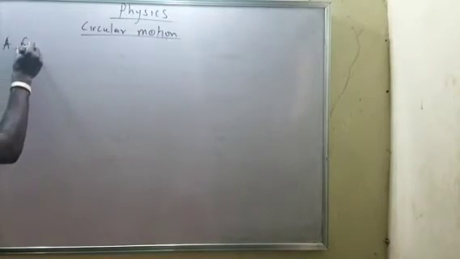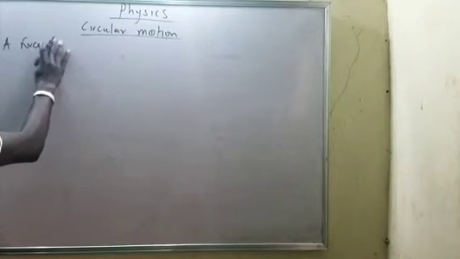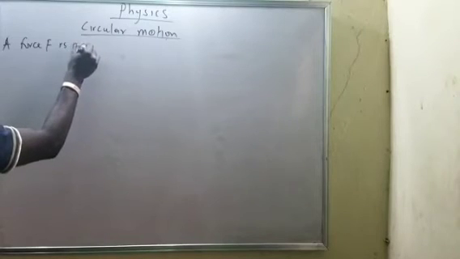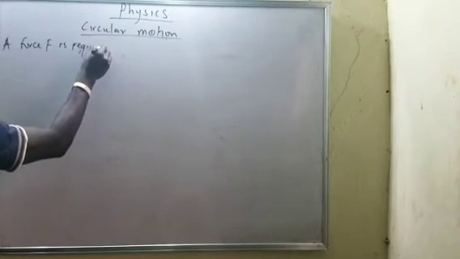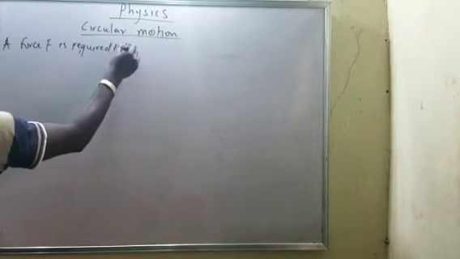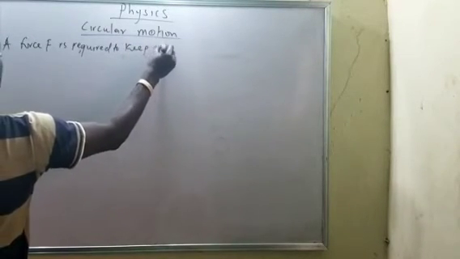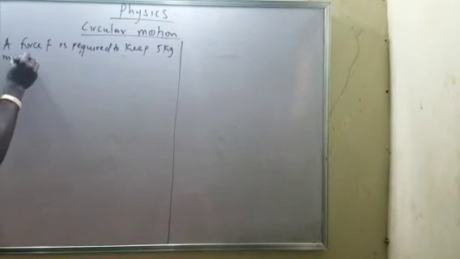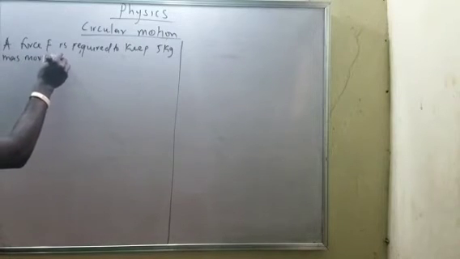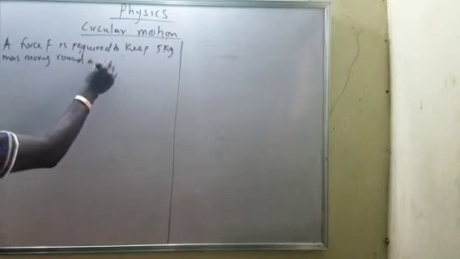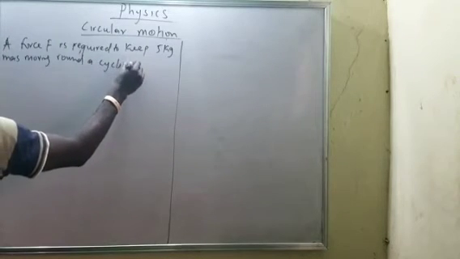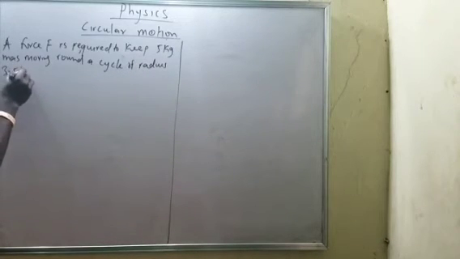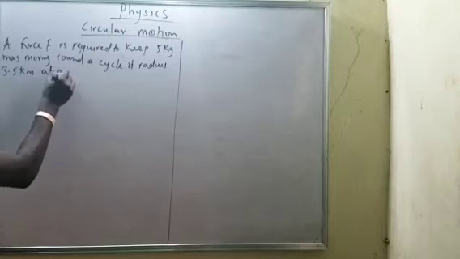A force F is required to keep a 5 kg mass moving round a circle of radius 3.5 m at a speed of 7 m/s.